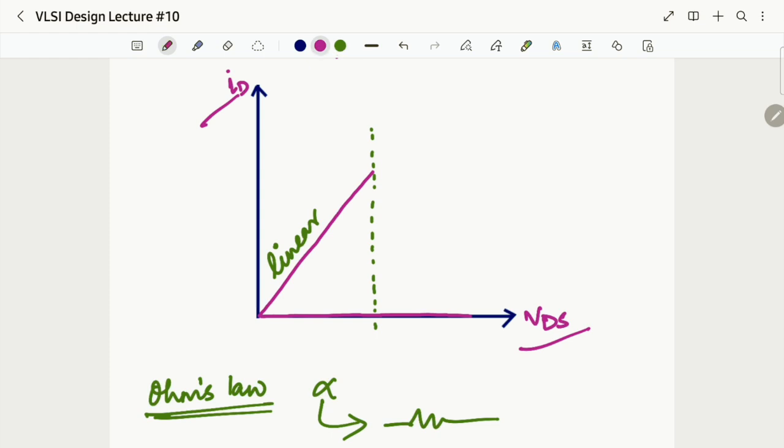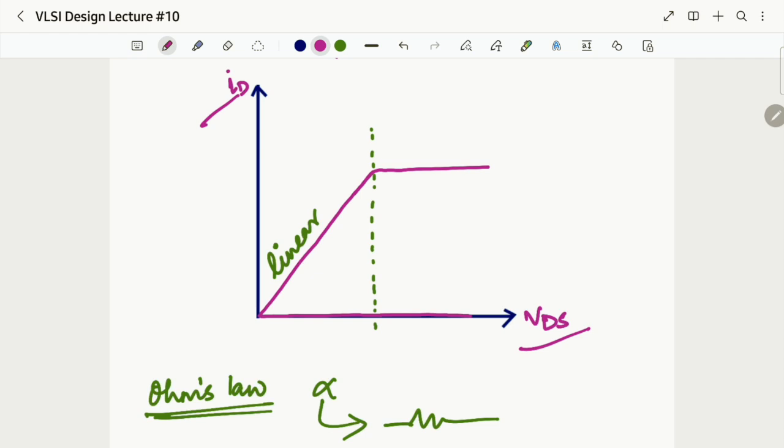Now I have increased VDS. What if I have increased VDS? Now this graph will take a bend and become a constant value. To show this properly, it will be like this.